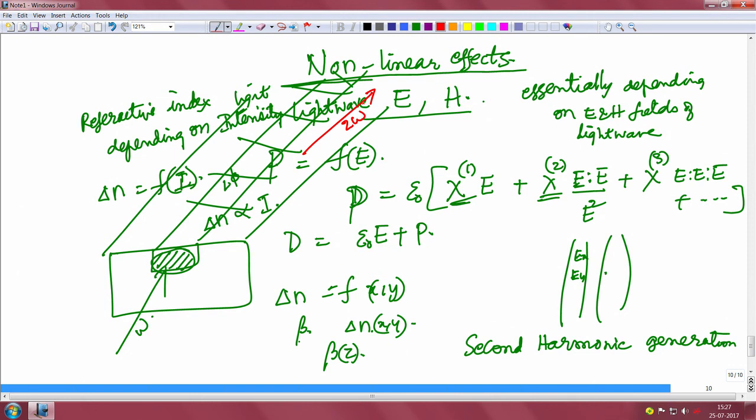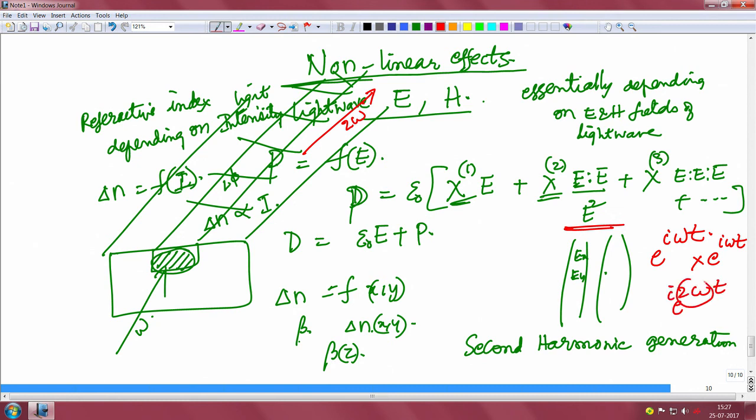This can be explained by using the second order effect, where you have an E square term. If each of the terms E are expressed in terms of e power i omega t, a multiplication factor leads to e power 2 omega t.